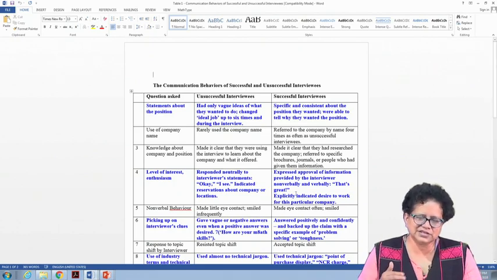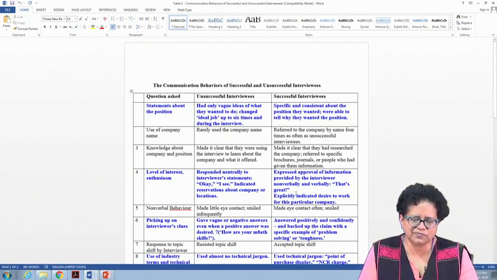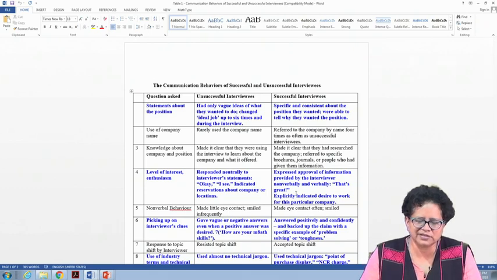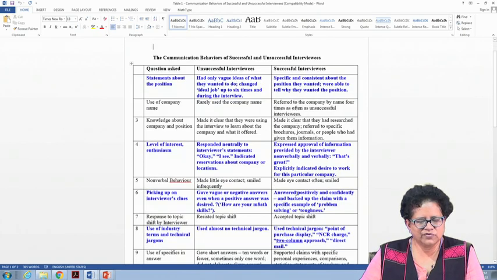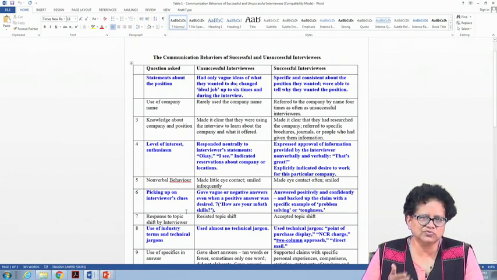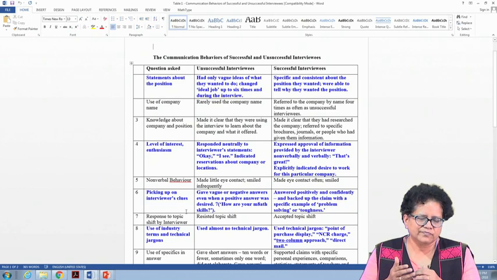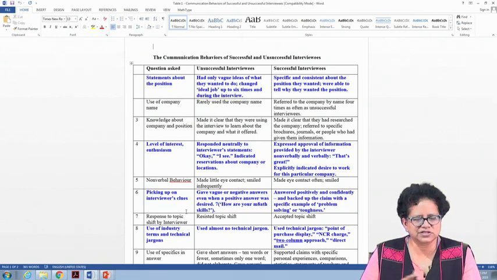On the other hand, the successful interviewees expressed approval of the information provided by the interviewer verbally as well as non-verbally and said that's great, and explicitly, upfront, they indicated the desire to work for this particular company. If you come to number 6, picking up on the interviewer's clues, as I said, practice will make you perfect in this art.